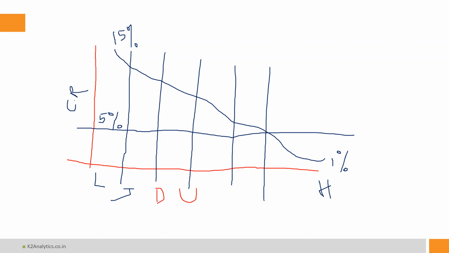This is very high data usage. These are kind of buckets. From Jan low data usage, I know 15% customers churned. And what is my modeling base? All consumers, all data users in the month of Jan. Now this is the insight I got when I related Jan data with respect to Feb.